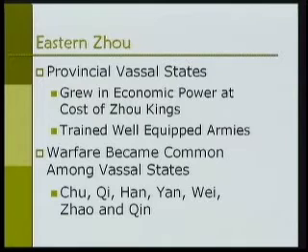So let's see some of these warring states that developed during the Eastern Zhou time. The Chu state, the Qi, Han, Yan, Wei, Zhao, and the Qin. Now the Qin won as the most powerful, and we will see why, what it did.